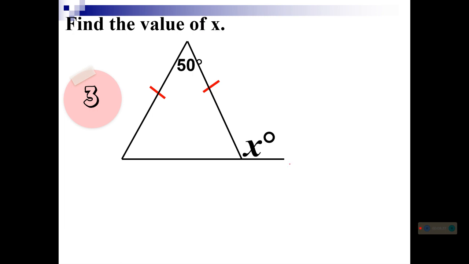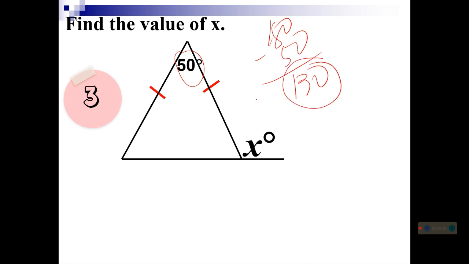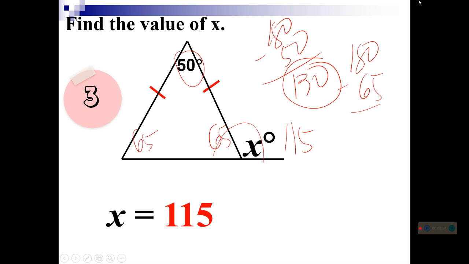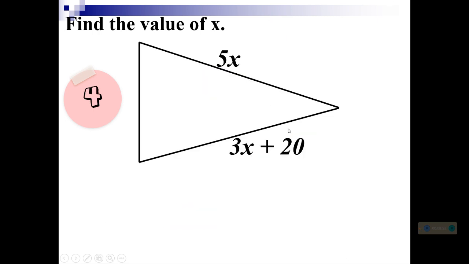Since we have 50, 180 minus 50 is 130. Divide this by 2, so you will have 65. Since they form a linear pair again, 180 minus 65 is equal to 115. And that is correct.